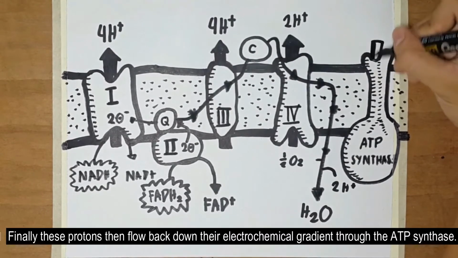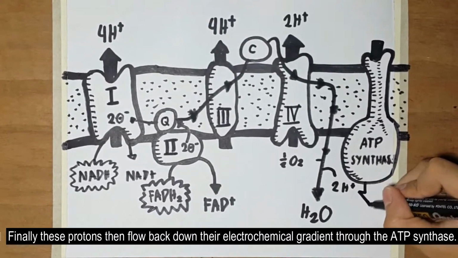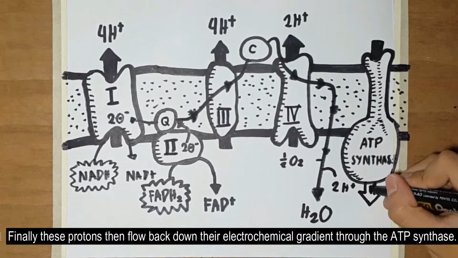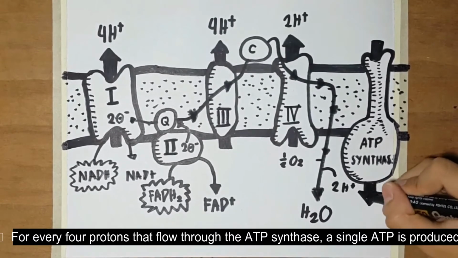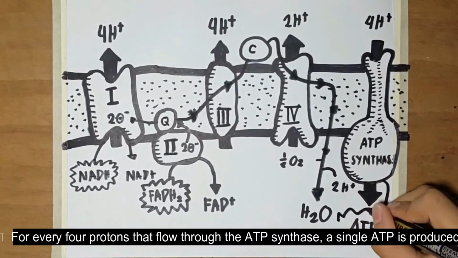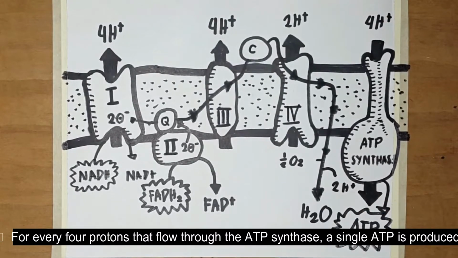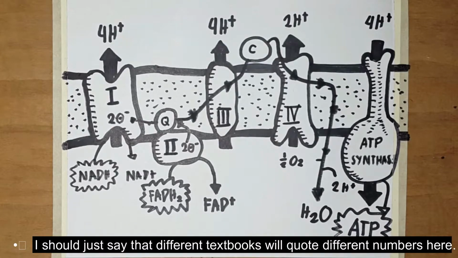Finally, these protons then flow back down their electrochemical gradient through the ATP synthetase. For every 4 protons that flow through the ATP synthetase, a single ATP is produced. I should just say that different textbooks will quote different numbers here.